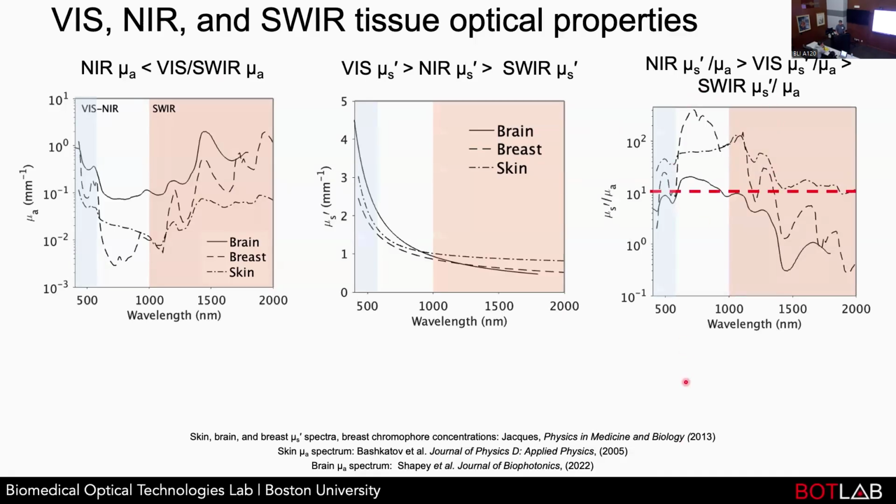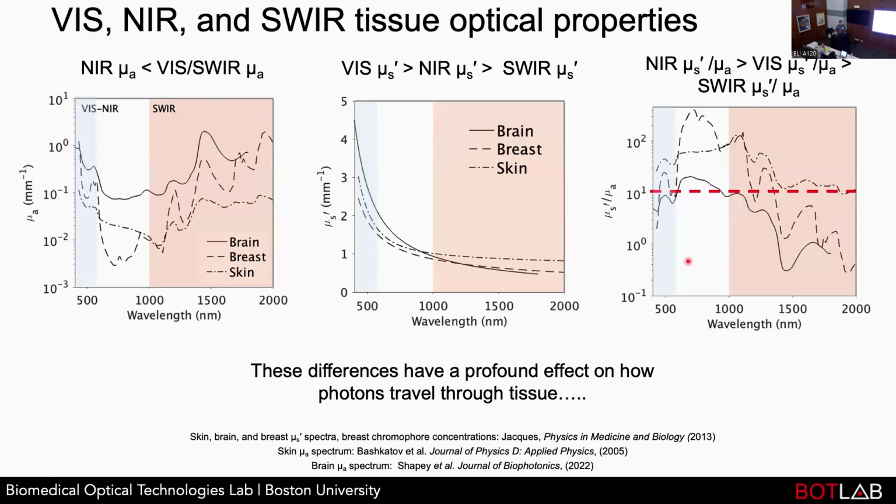This becomes important when we talk about the diffusion approximation and diffusion theory, where we want to apply it in media where mu S prime is sufficiently large compared to mu A. So for example, this dashed line is a value of 10. Use the diffusion approximation for tissues when that value is at least 10. We often like a value of 100. So these differences have a profound effect on how light travels through tissue.